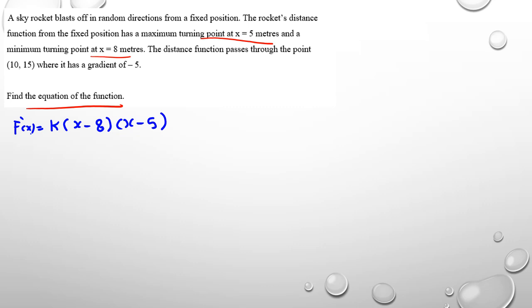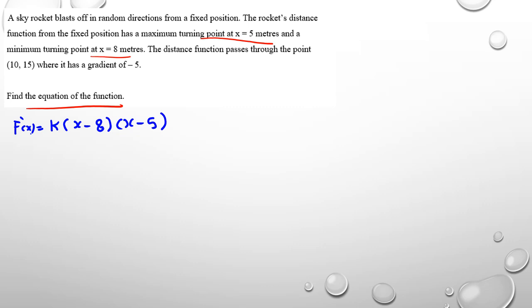Now the other piece of information says that the distance function passes through the point (10, 15) where it has a gradient of negative 5. Means the gradient value, which is f dash, equals negative 5 when x is 10 and y is 15.